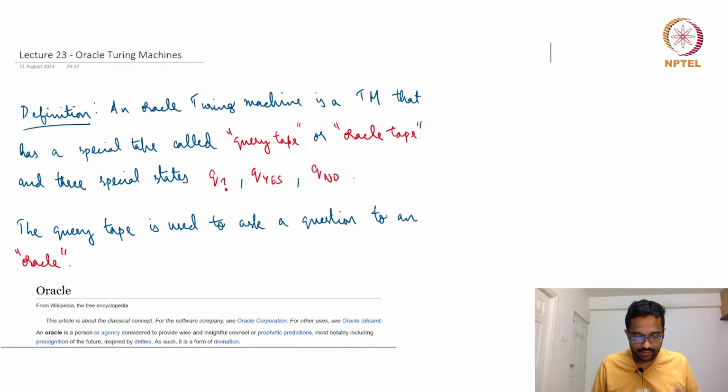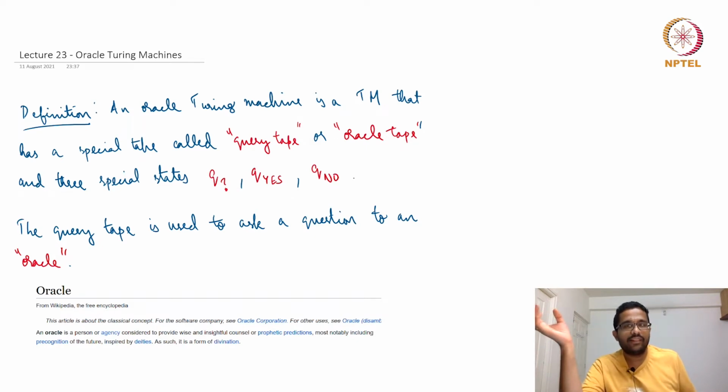Keeping this in mind, let's try to understand what Oracle Turing machines are. Oracle Turing machines are Turing machines which have access to an oracle. What are oracles? We will first define an oracle as a specific problem or specific language.